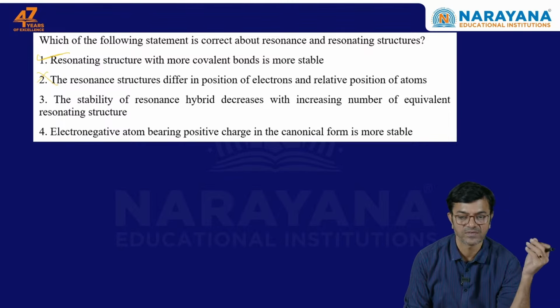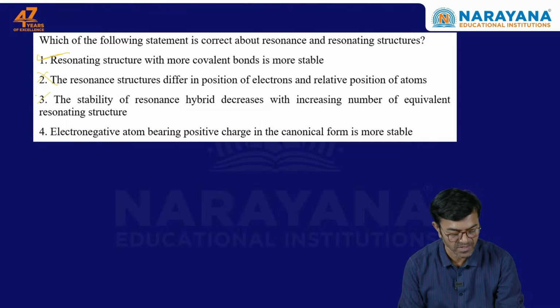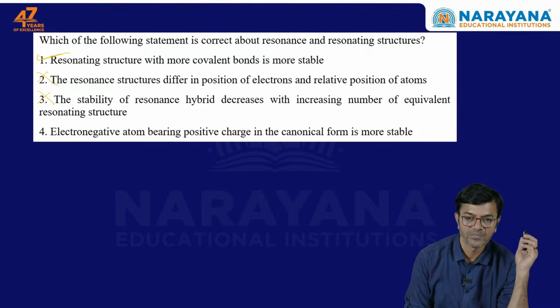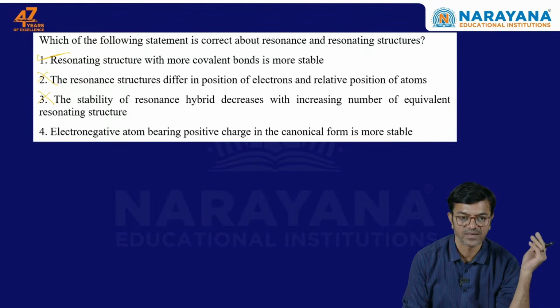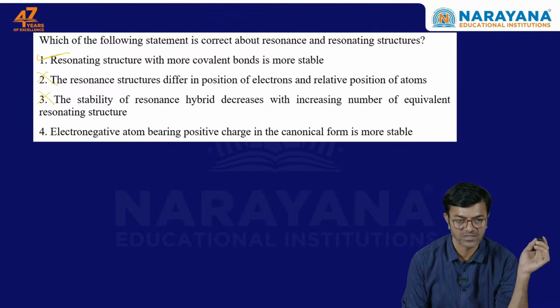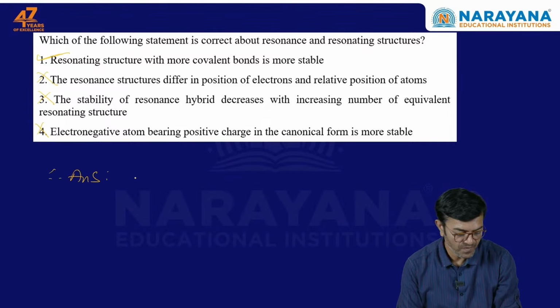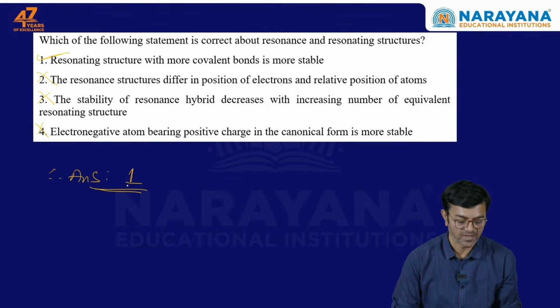It is actually the reverse. The more the equivalent structures, the more the stability of the resonance hybrid. So the third one is also incorrect. Electronegative atom bearing positive charge is more stable. That is incorrect, because the more electronegative atom, if it carries negative charge, then that will be more stable. So the fourth one is also incorrect. So as per this question, the first answer is correct.